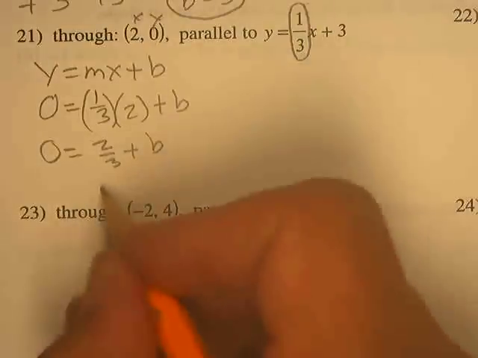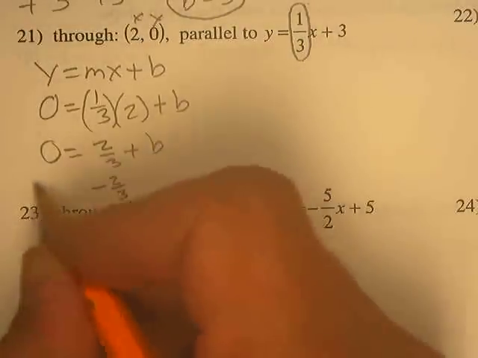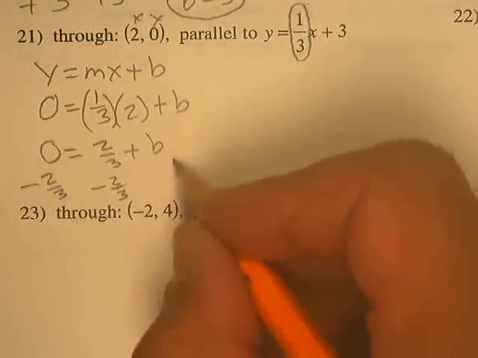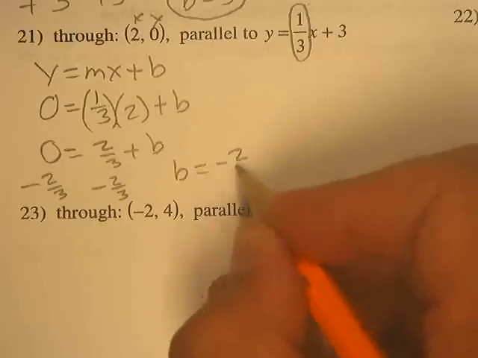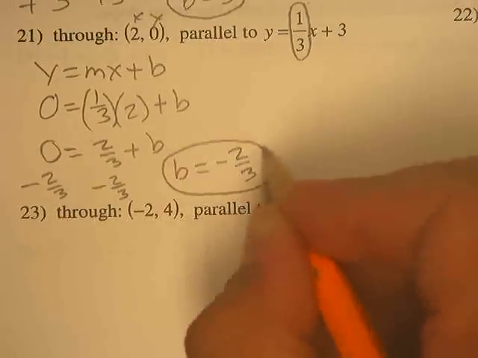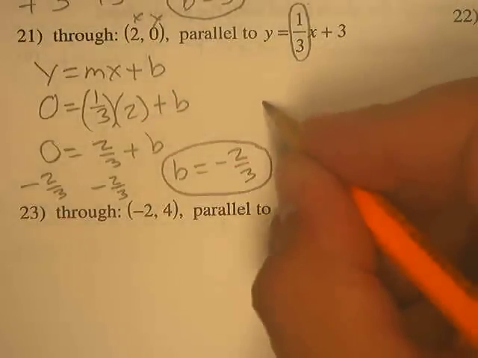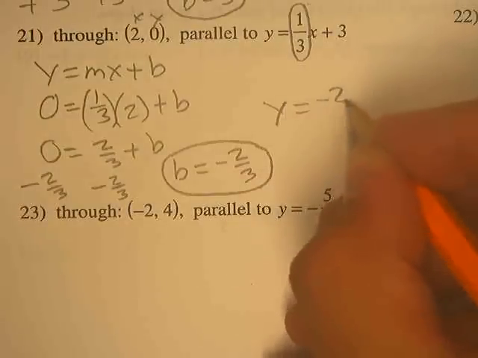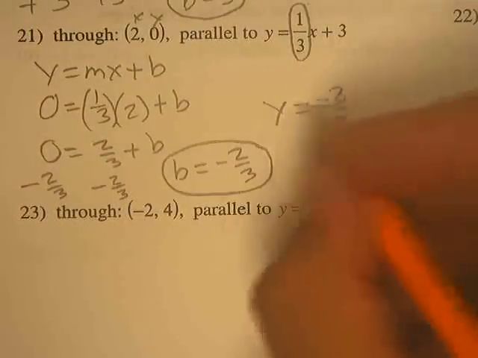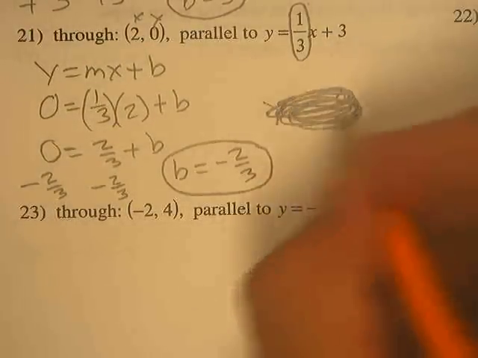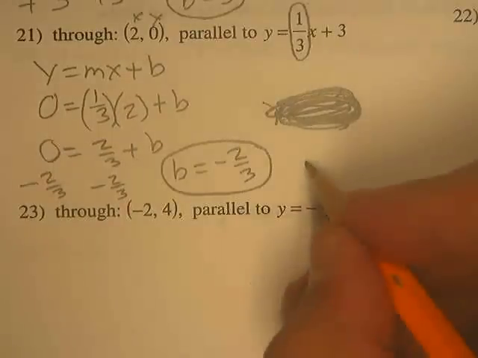So I multiply these two together, I get 2/3. Now I subtract 2/3 from each side. So b equals negative 2/3. And I know my slope is already 1/3. So my equation is y equals negative 2/3.